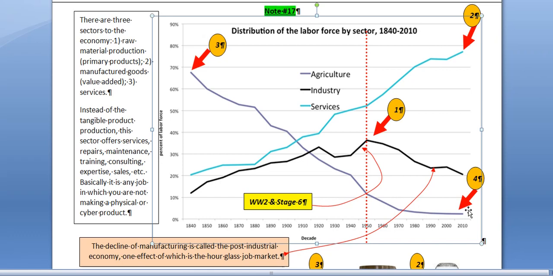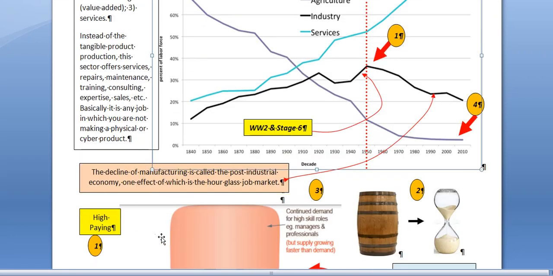All right. So the next thing I want to show you is how the decline of the manufacturing sector is called the post-industrial economy. Industrial meaning manufacture with machines, actual goods, physical products. One effect of which was the development of the hourglass job market.